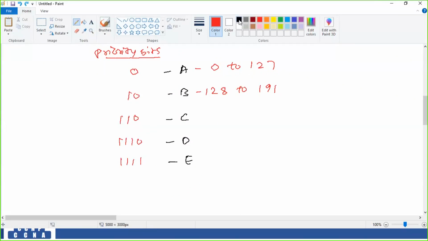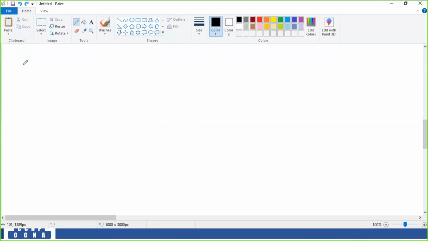I'll explain it clearly. All priority bits are reserved from the first octet. Let me take a first octet value: 1, 2, 3, 4, 5, 6, 7, 8 bits. This is a first octet.